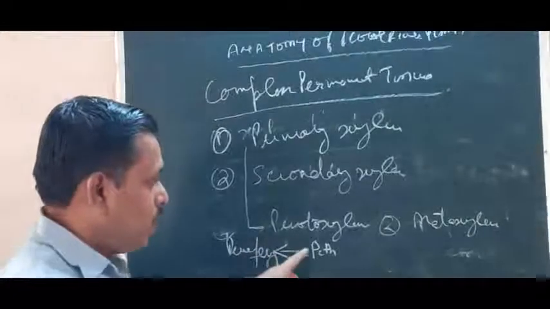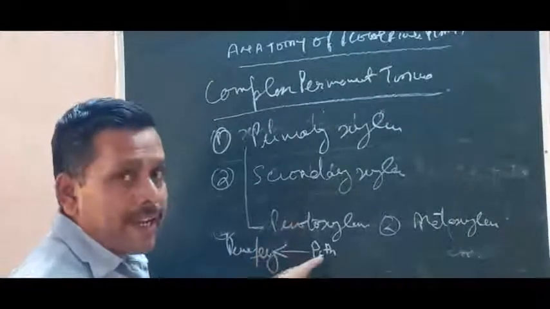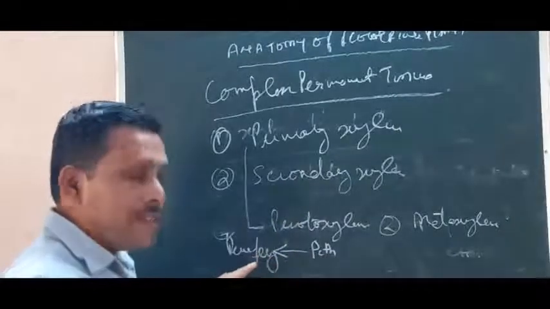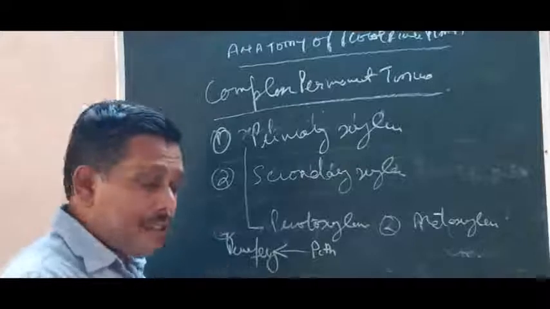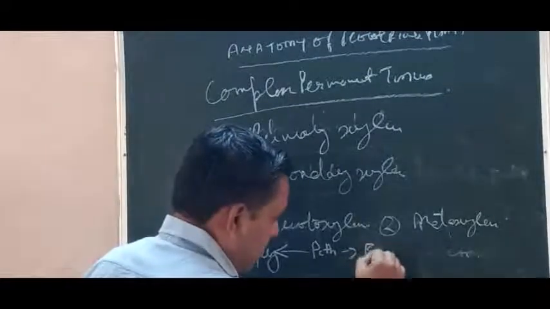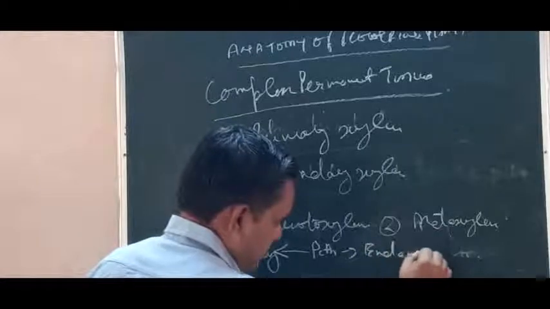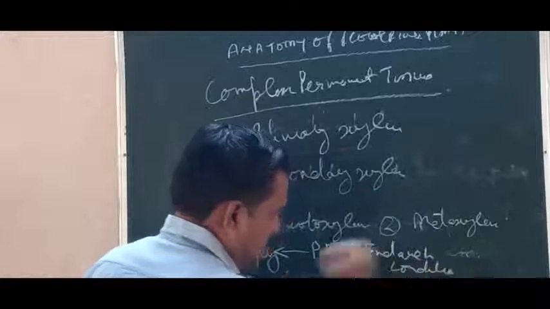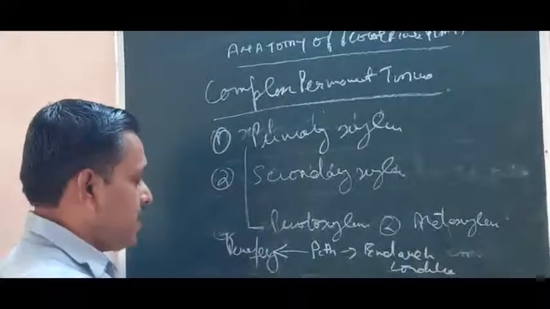When the protoxylem lies towards the center and metaxylem towards the periphery, this condition is found in dicot stems, and it is called endarch condition.